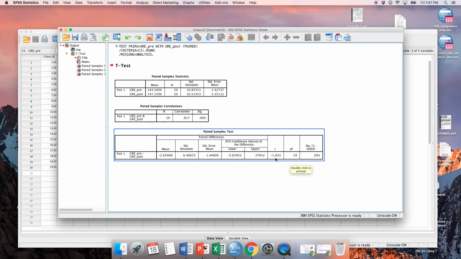The t-value tells us how big that difference is, and a t-value of 1.8 is not that big. If we saw a larger value, then we would also expect to see a smaller significance level. Conversely, if we saw a smaller t-value, we would expect to see a larger significance level. This depends somewhat on the degrees of freedom.